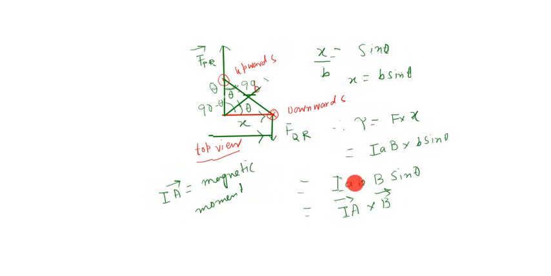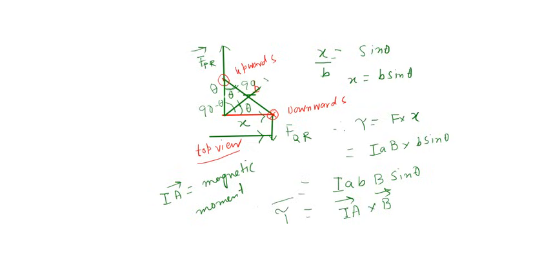So vectorially, the torque tau is IA cross B, where A represents the area of the loop, B is the magnetic field, and this term IA is called the magnetic moment of the loop. I hope you have understood. Thank you.